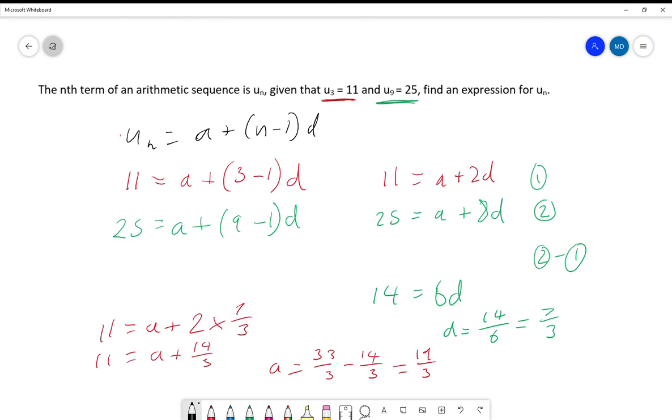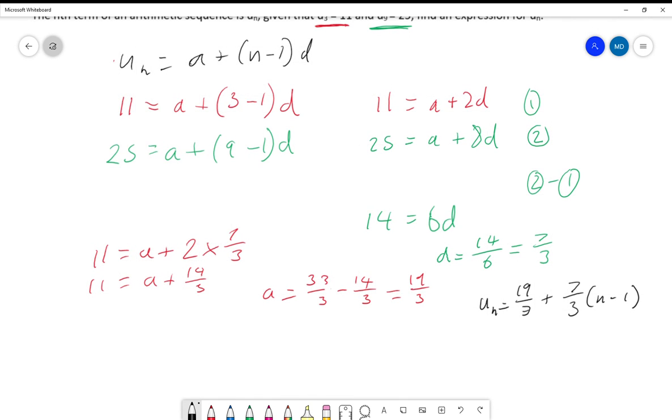Our arithmetic sequence is un is equal to a, which is 19 over 3, plus d, which is 7 over 3, lots of n minus 1.